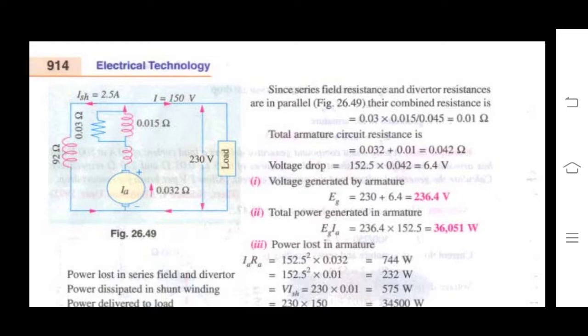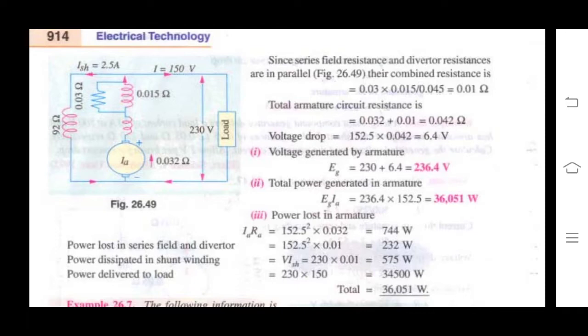Voltage generated by the armature, EG, equals V plus drop, that is 230 plus 6.4, then 236.4 volts.